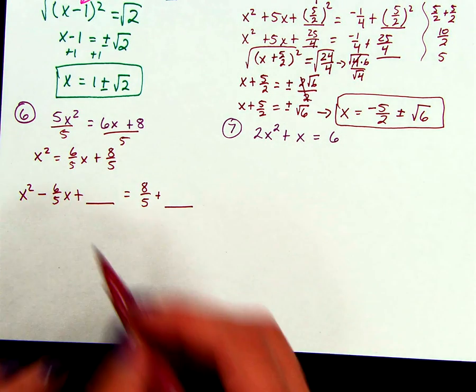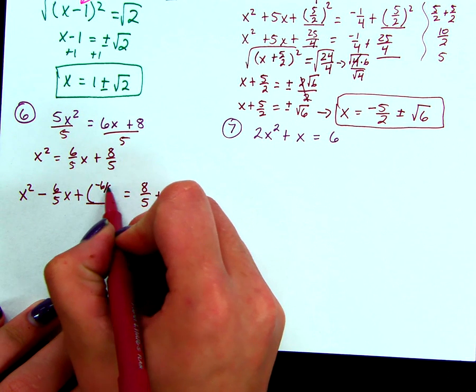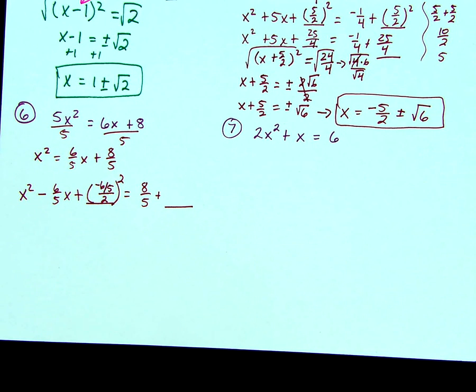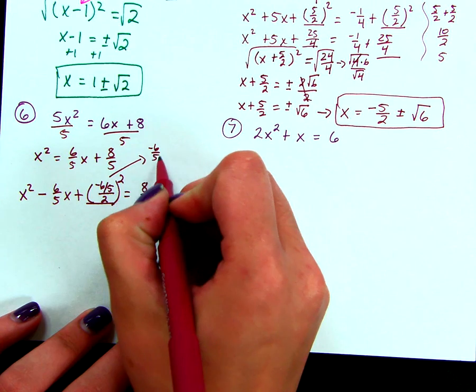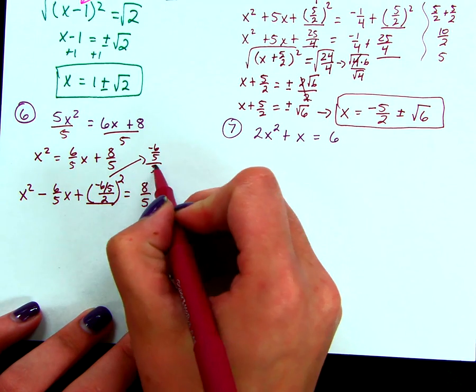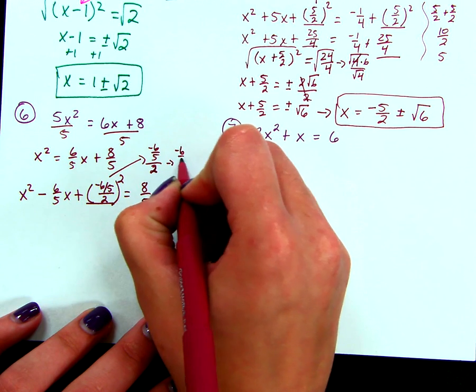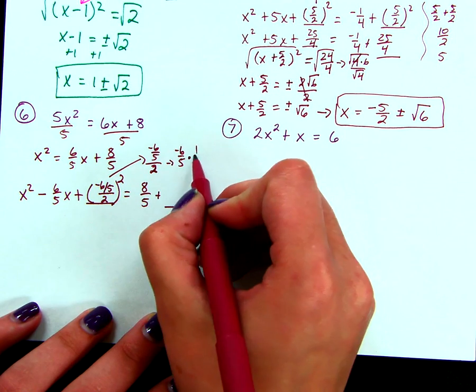Again, I'm taking my middle term, negative 6/5, dividing it by 2, and then squaring it. So I'm going to simplify that. Remember, when we are dividing fractions, we multiply by the reciprocal. So when I say negative 6/5 divided by 2, I'm going to keep the top fraction, negative 6/5, switch to multiplication, and flip the denominator over, so 1/2.